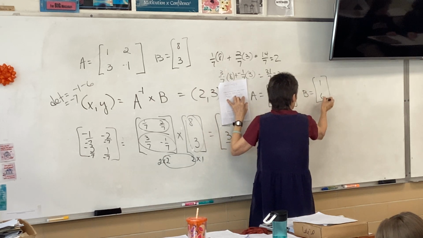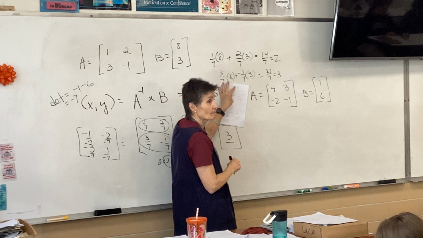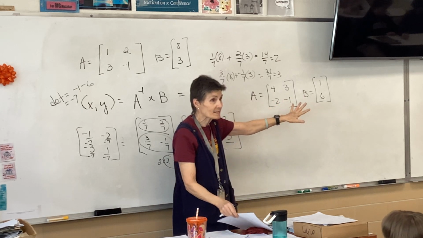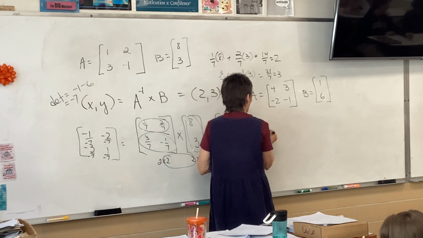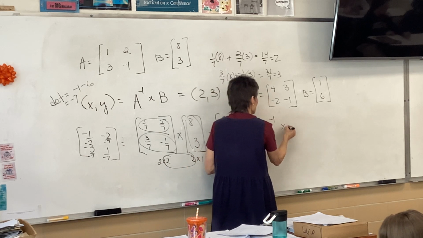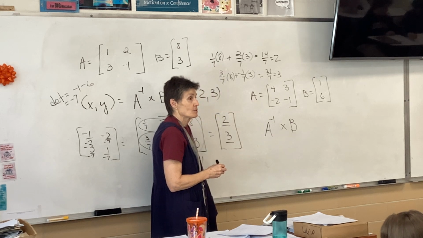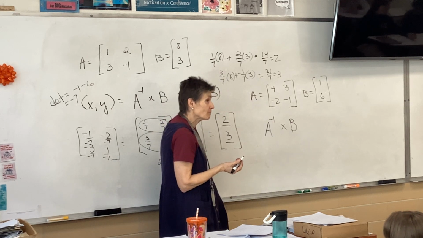Matrix B is 1, 6. Now, don't multiply those two. That's not what we multiply. We multiply A inverse times B. So now we've got to find A inverse.